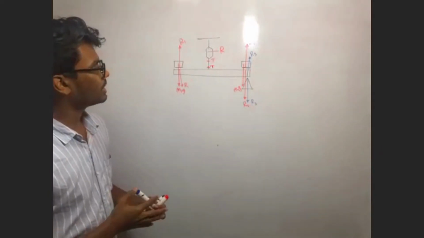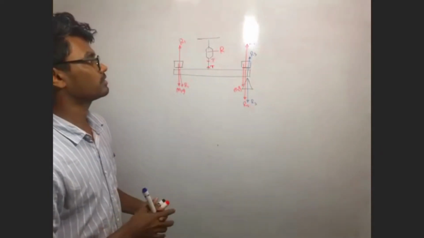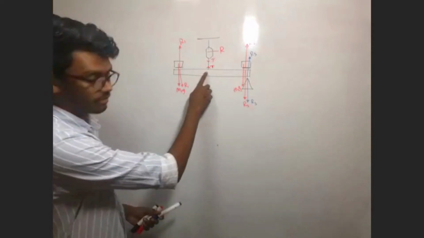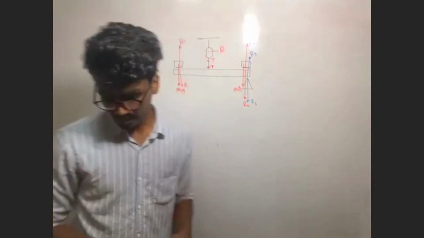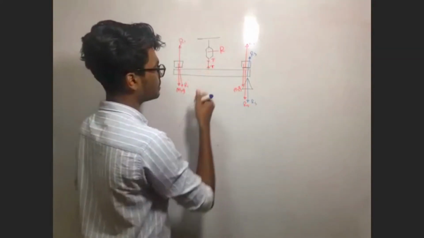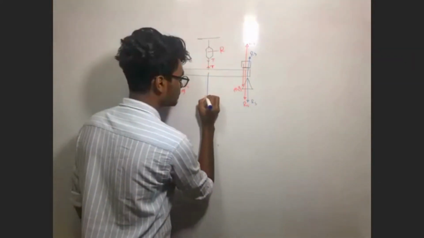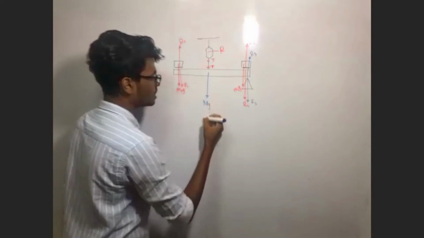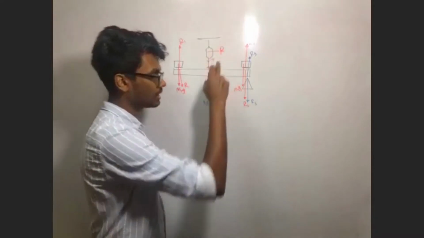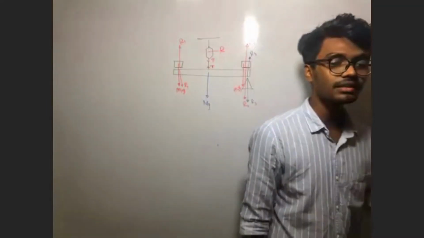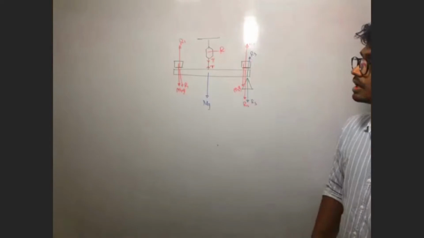So I think I have marked all the forces acting in the system. Does the bar have mass? Yes, it has a mass as well, capital M, and the string is connected to the midpoint, so it should be exactly Mg here. Now they are asking us to find the reading capital R.